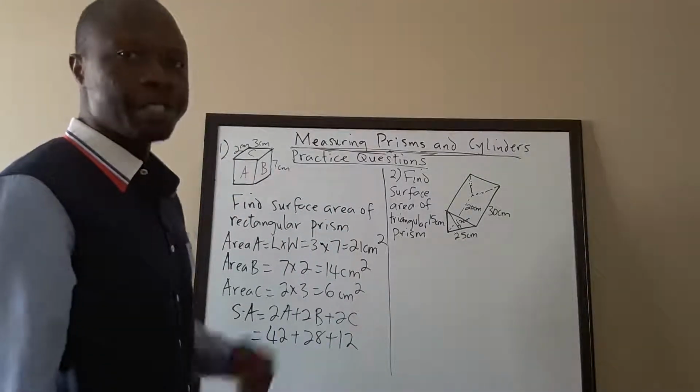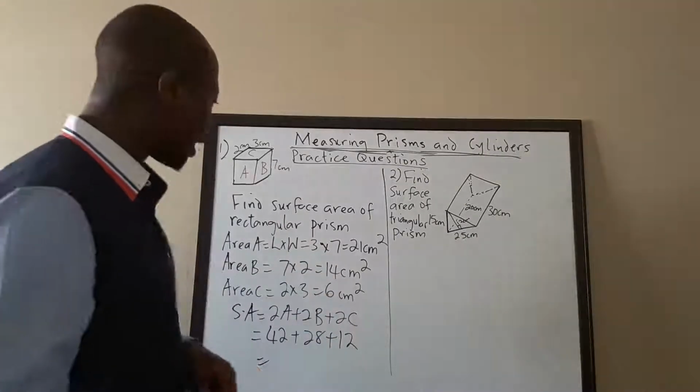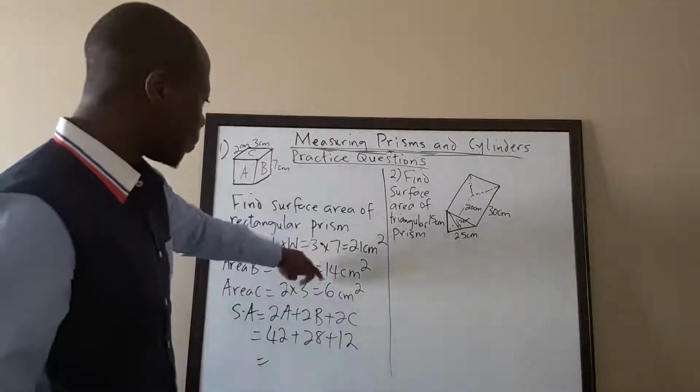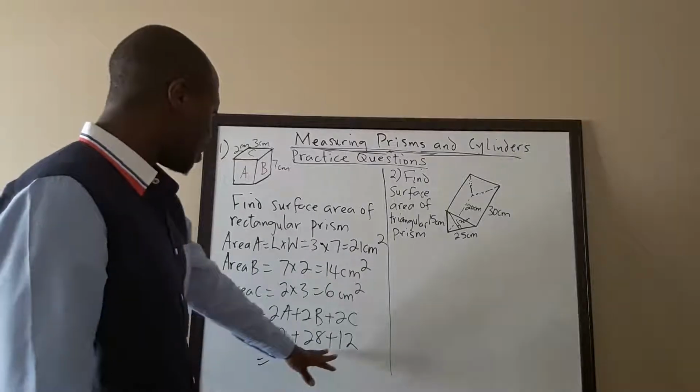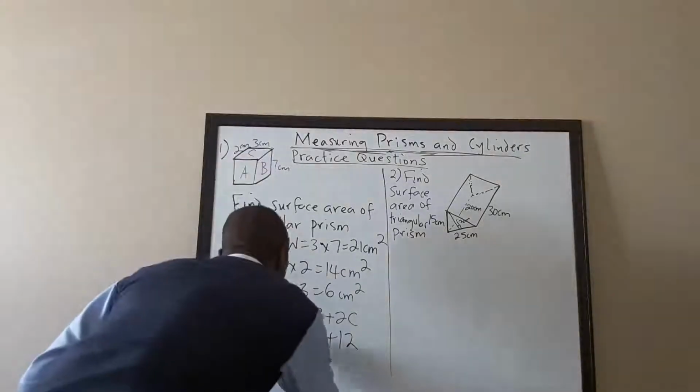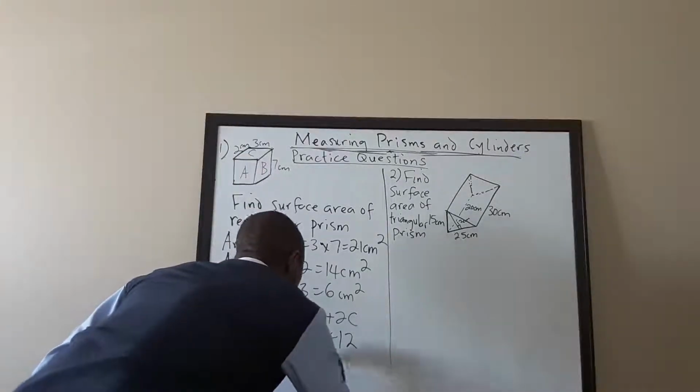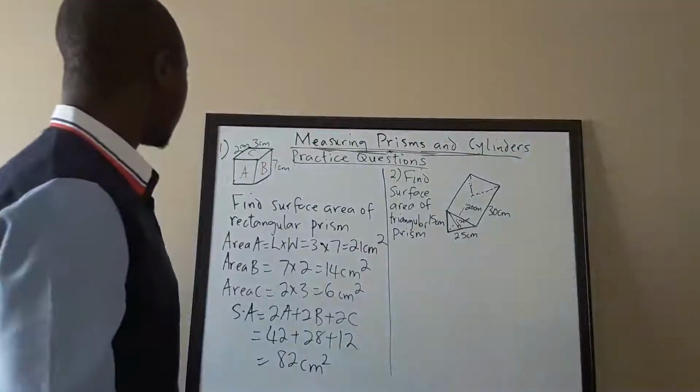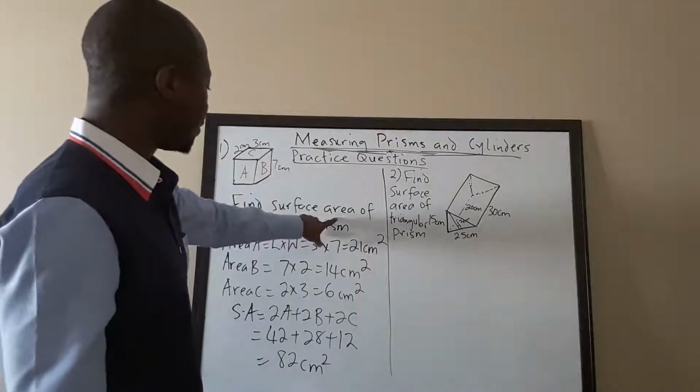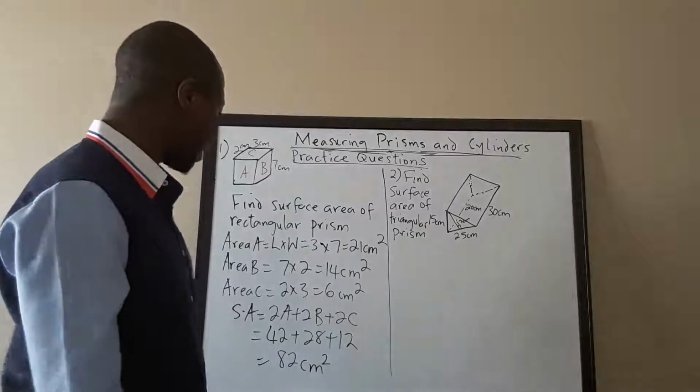Please be careful and make sure you're constantly checking your work. 42, 28, 12. So this is 40, so 82. Because we're dealing with surface area, it's centimeters squared.